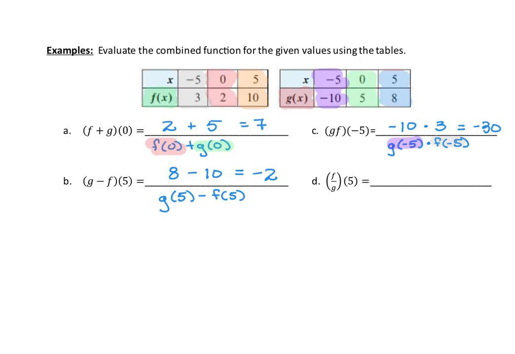All right, and last one, we have f divided by g of 5. And so again, remember that what this means is I just want f of 5 divided by g of 5. And so f of 5, we get 10. g of 5, we get 8. And all we can do with this is simplify the fraction.